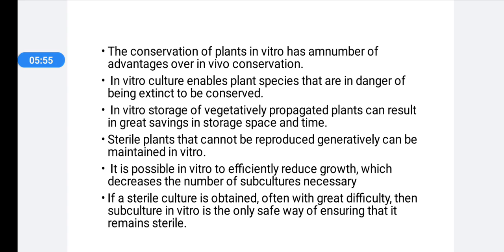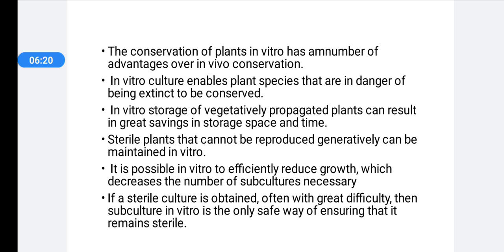In vitro conservation has many advantages over in vivo conservation. In vitro cultures enable plant species in danger of extinction to be conserved, and vegetatively propagated plants can be stored in a very advanced method without wasting so much space and time.